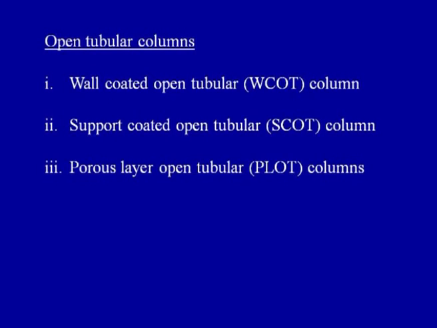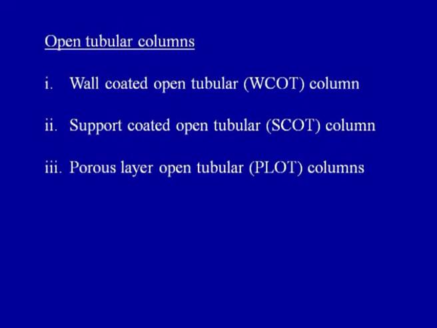Here the stationary phase is thinly coated directly onto the walls of the capillary. Then there could be another one called support coated open tubular column, SCOT. Here, a support matrix is bonded to the walls of the capillary column. So, the stationary phase is not directly linked to the wall of the column, rather it is linked through a supporting matrix.